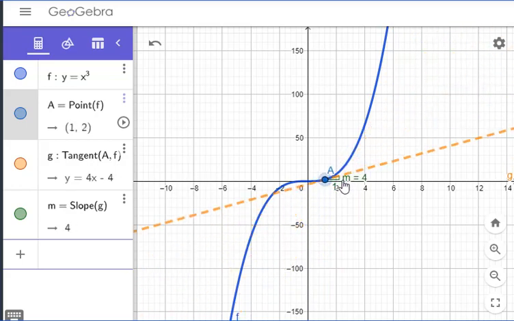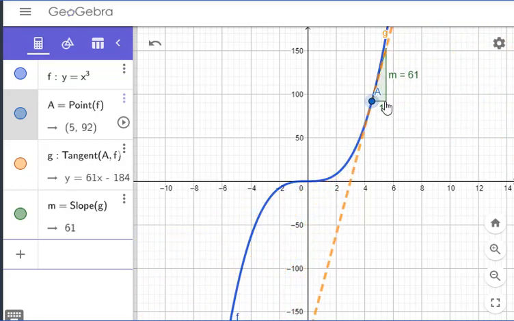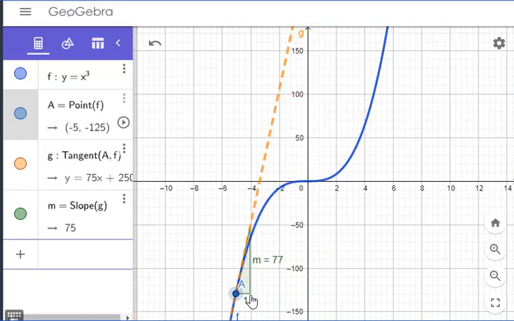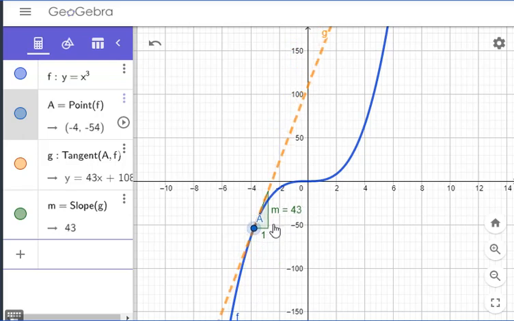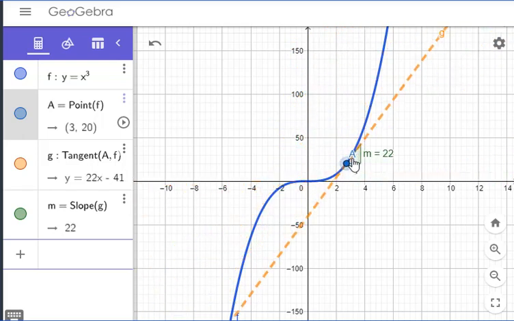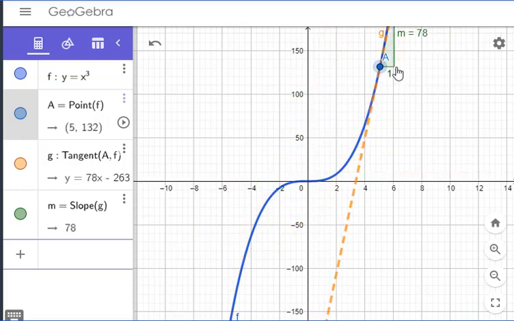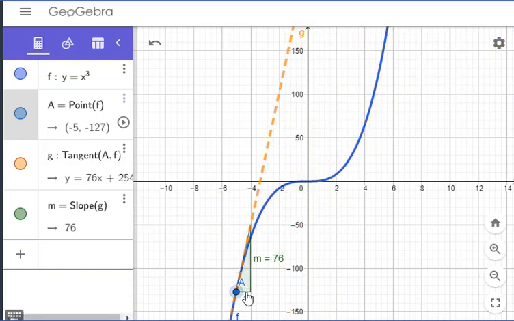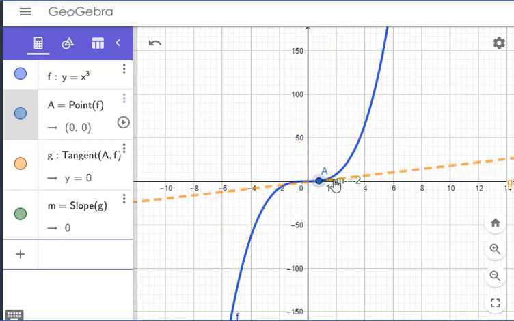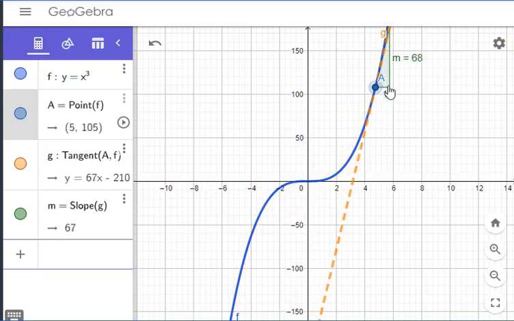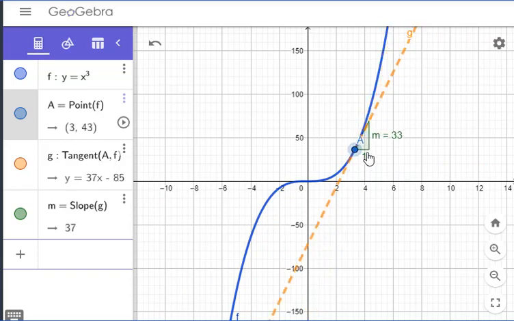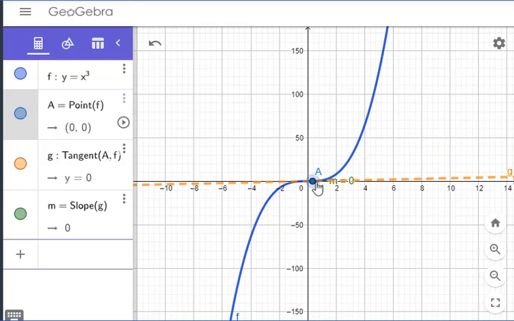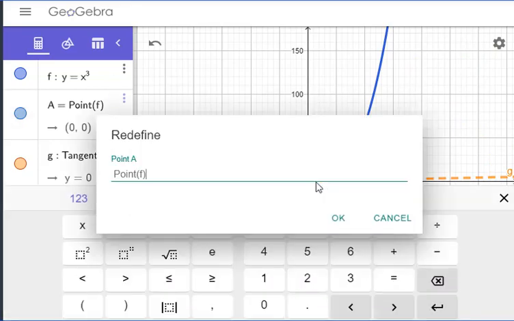It's all positive when x greater than 0, and when x less than 0, it's all positive. Because for y equals x to the third power, this graph is an increasing function. It's increasing. Therefore, the slope of a tangent line is positive. When x equals 0, then the slope of tangent line equals 0.